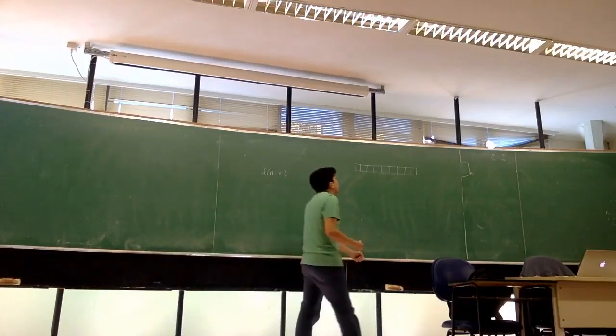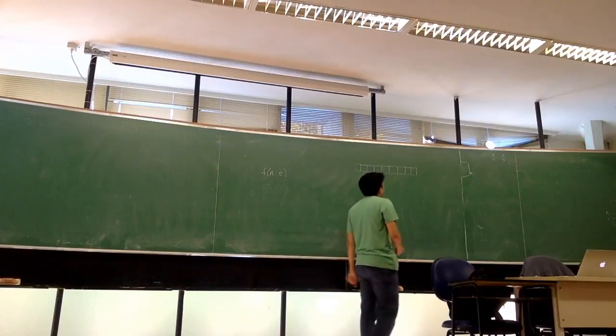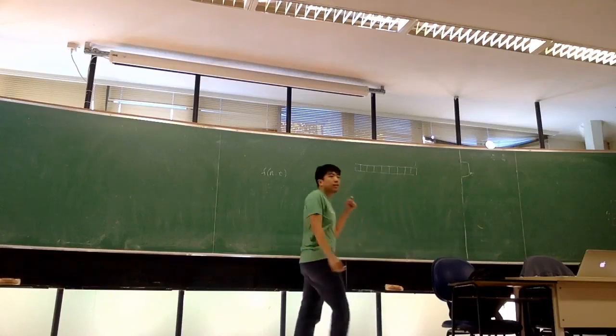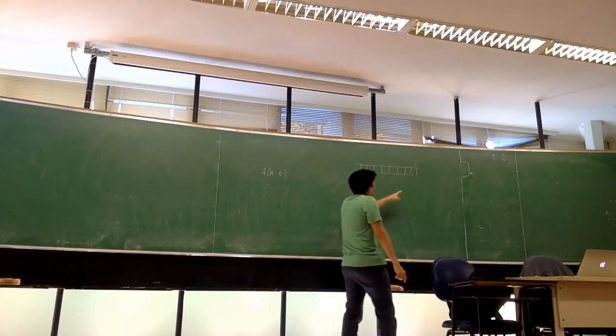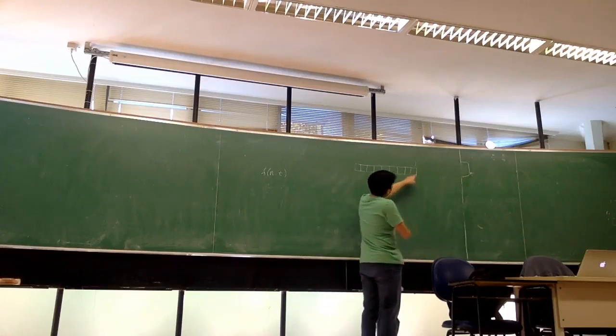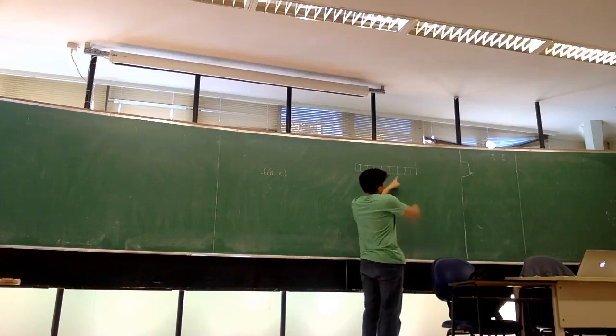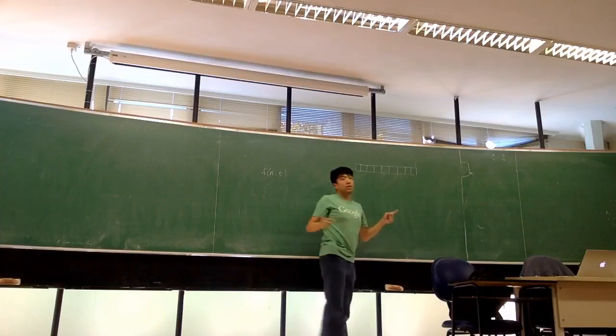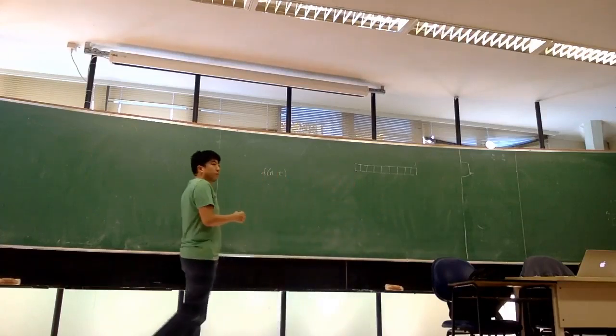I want to decide what is the color. Well, this guy has some color, right? This very first guy. So I'm going to decide how many positions will have the same color as this guy. And then I'll call recursively to the rest of the train. Okay.